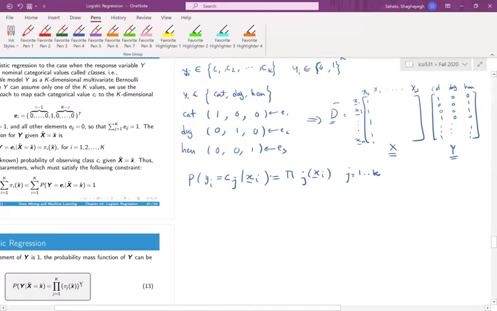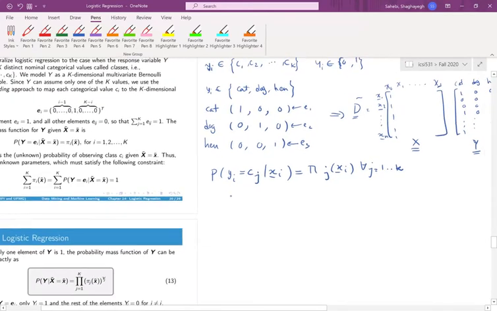And because we have this probabilistic view, we need the summation of the probability of yi belonging to class C1 or C2 or C3, etc., until Ck to be equal to 1, right? It's a probability.